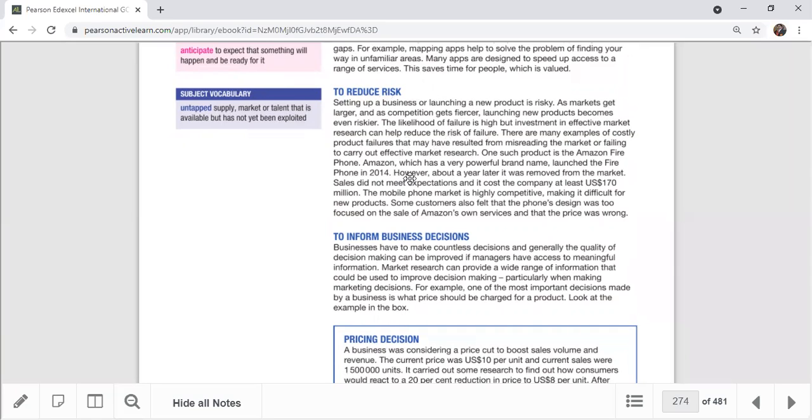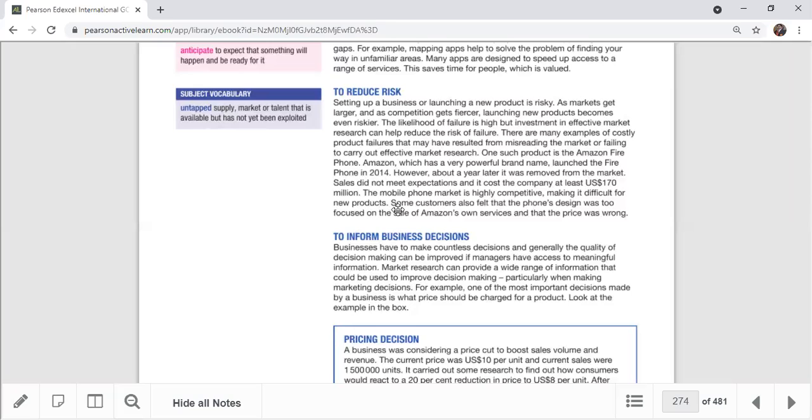Like, give me an example. The Amazon Fire Phone. Amazon is a powerful brand name, but they launched the Fire Phone in 2014. After about one year, it was removed from the market because sales did not meet expectations, and it cost the company about 170 million US dollars.